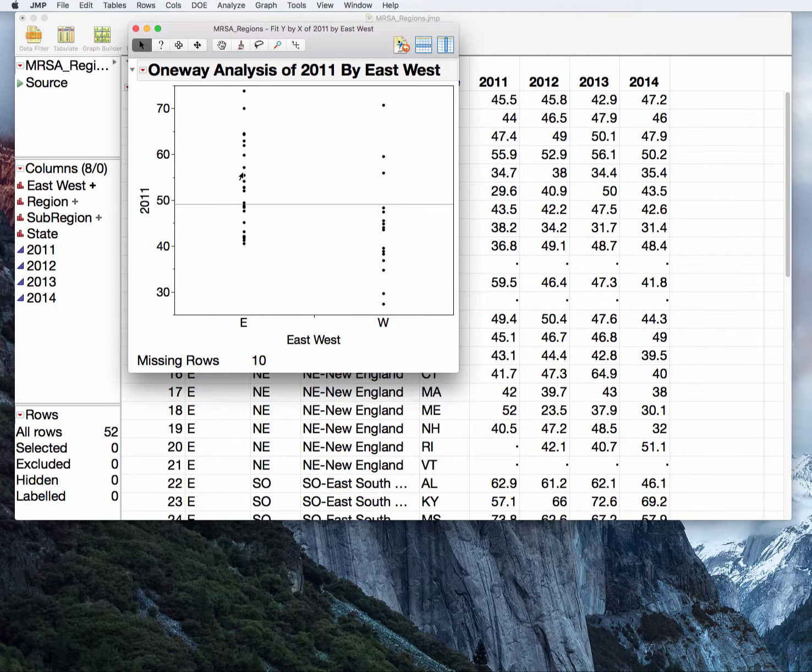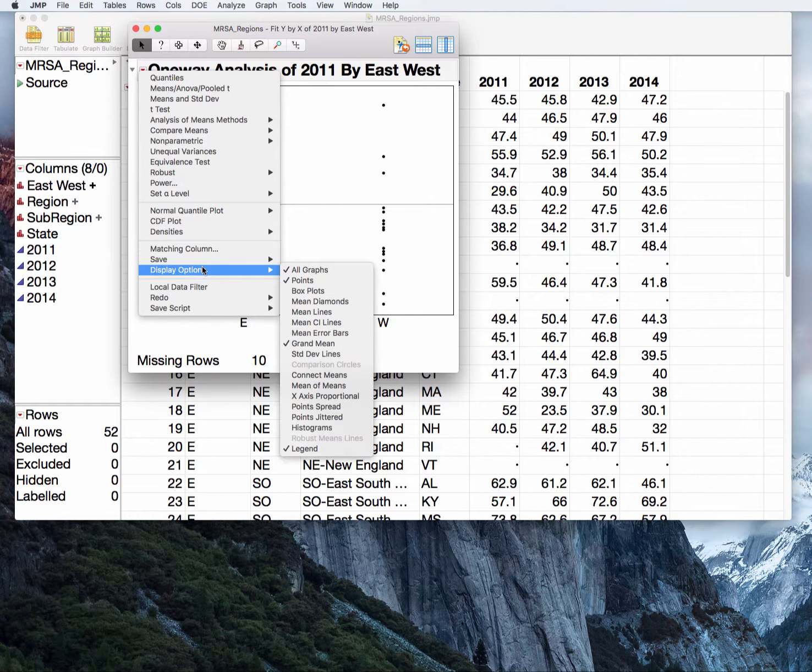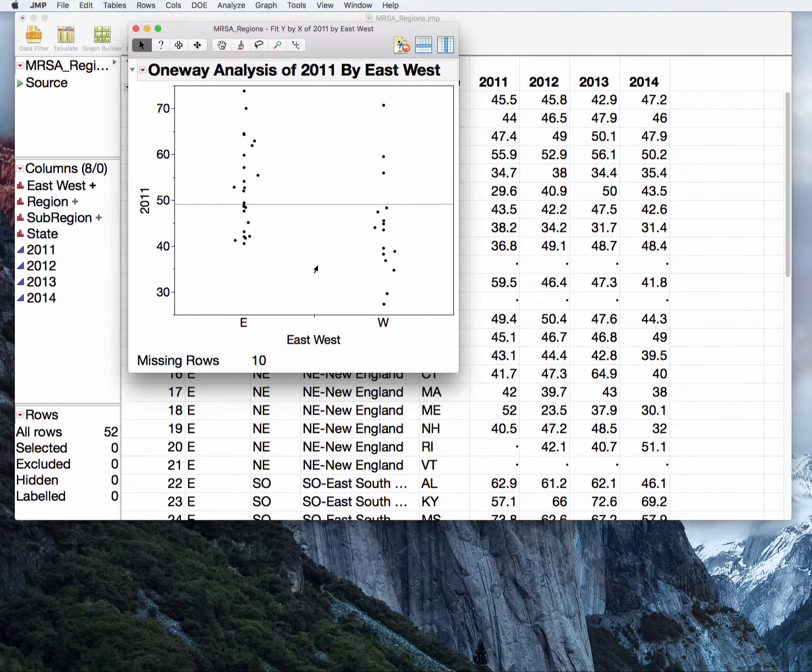Right now we can see the points are all in a line. So if we have two states that are very close here, it'll be hard to tell them apart. You can, under the red arrow, under display options, ask for the points to be jittered, and then JMP will show you a horizontal spread. Now, you shouldn't interpret this.